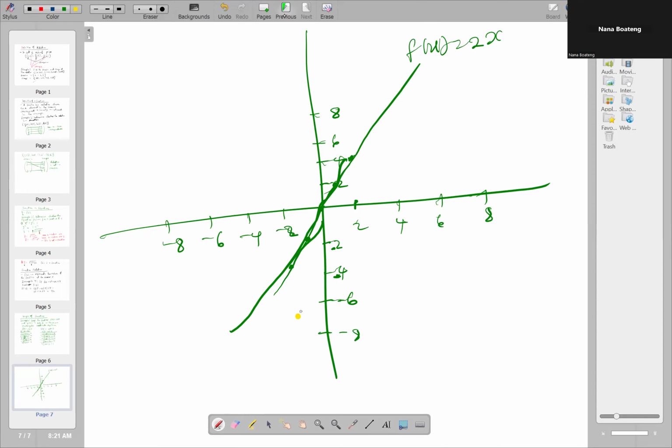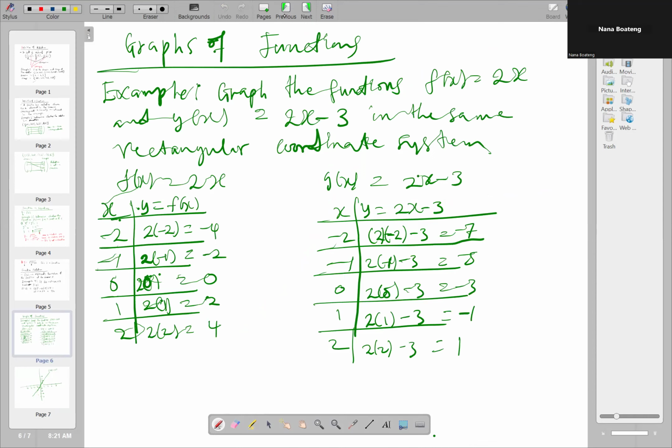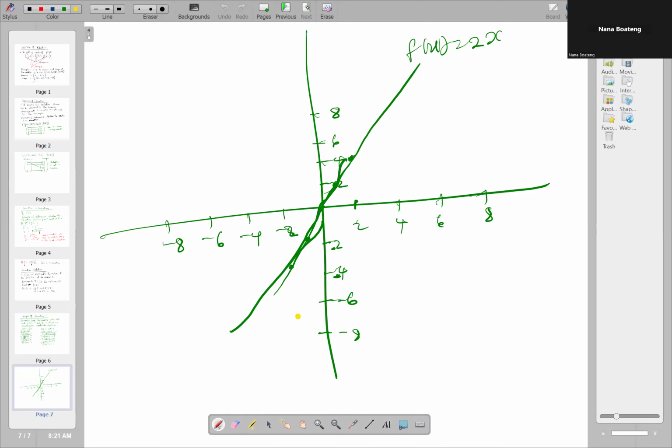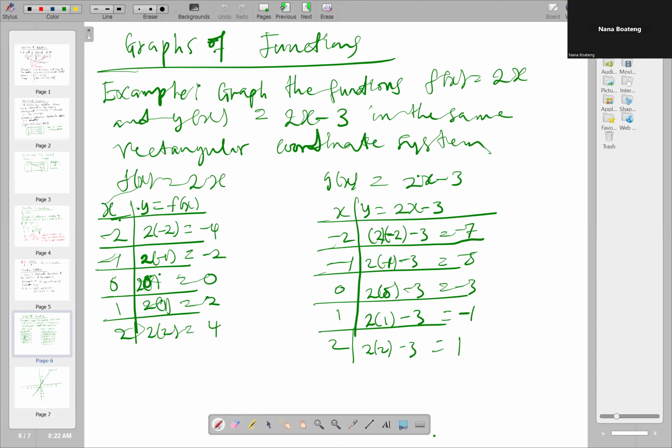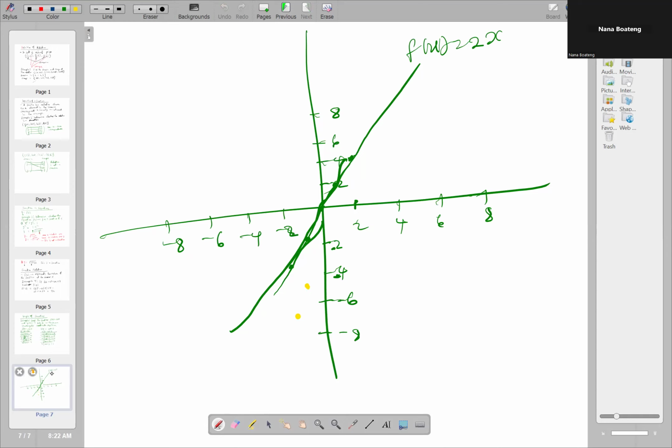The next one is -1, -5, about here. The next one is 0 and -3, about here.